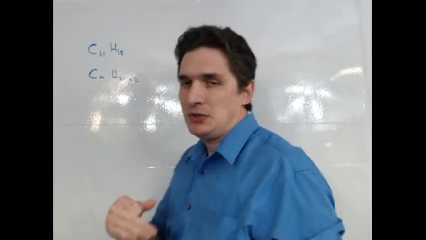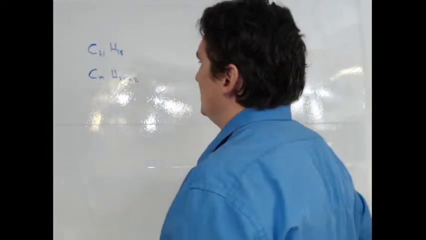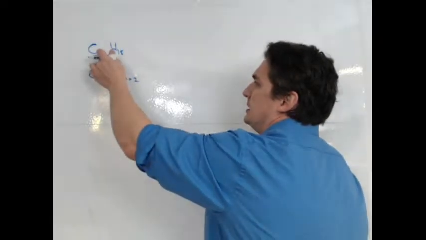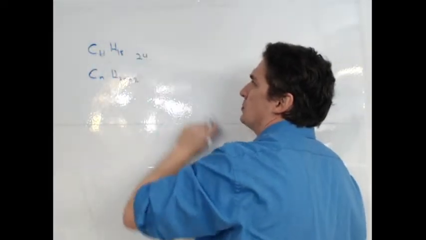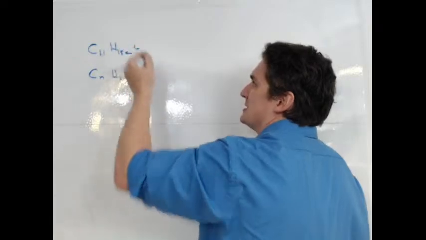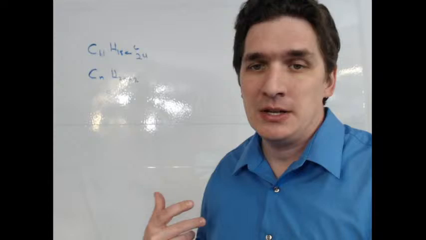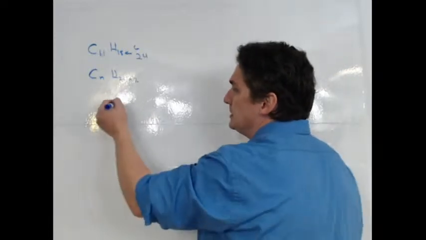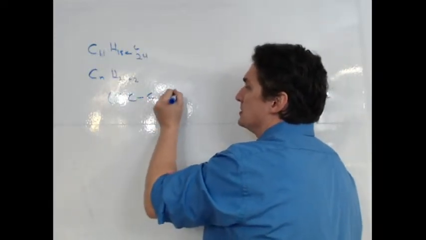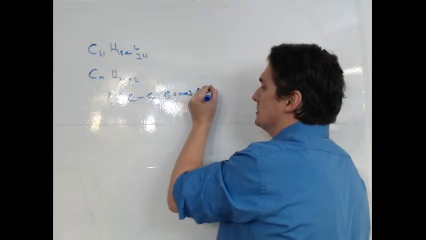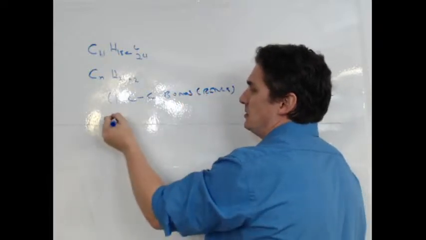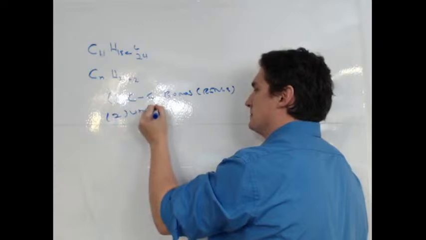So if we just had a purely linear saturated alkane, we'd have 24 hydrogens, but we're short 6. Now, there are 2 ways we can lose 2 units of hydrogen. One way is through carbon-carbon bonds, which are going to be our rings. The second are through unsaturated bonds.